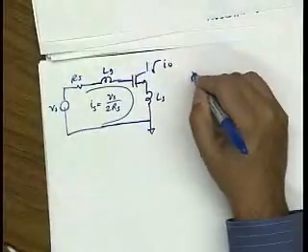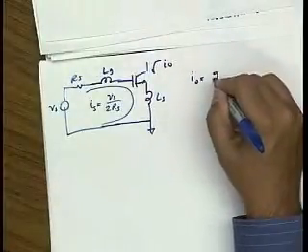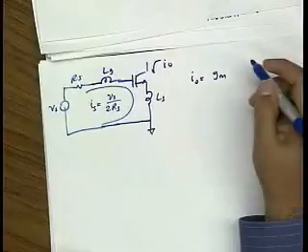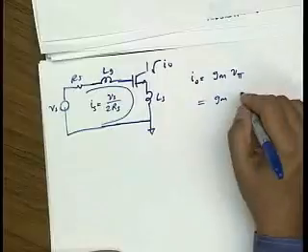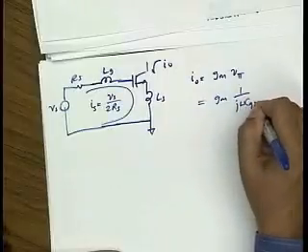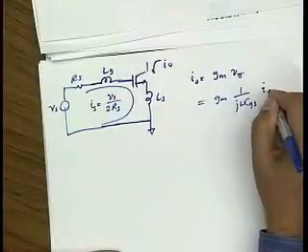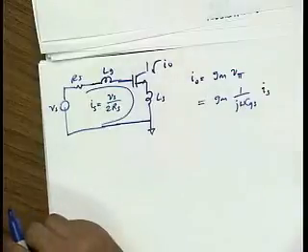And the output is simply the drain current, which is Gm times V pi. And V pi in this case is 1 over j omega CGS times IS.